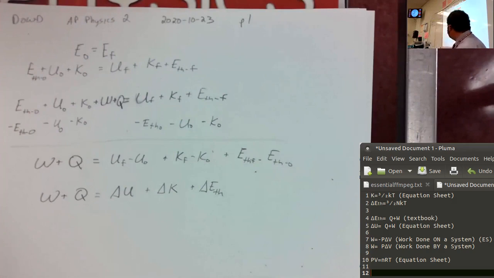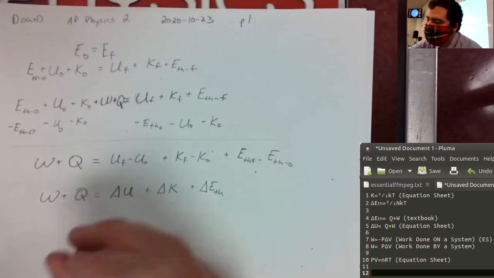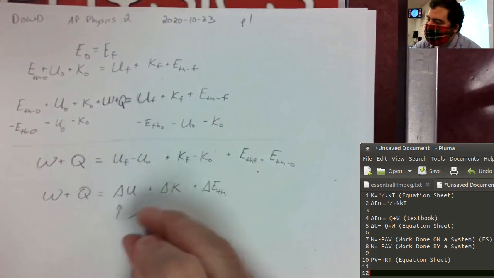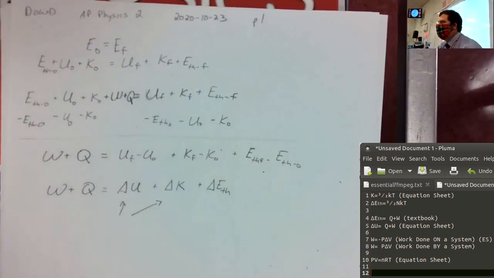So we have a very different looking equation, but I'm hoping you see it comes from the same basic idea you've been working with for about a year at this point. So here's the deal. In general, the thermodynamic systems we're going to be looking at don't have a large change in macroscopic potential or kinetic energy.